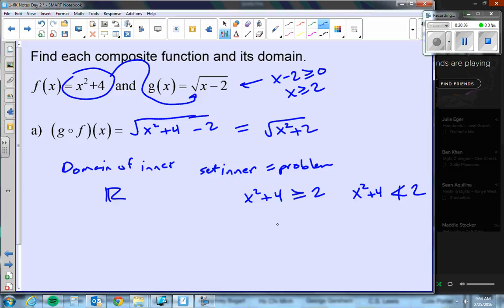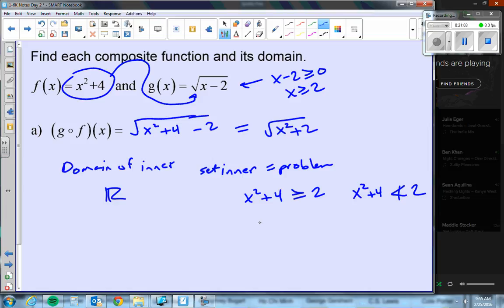Well, look. First of all, let me not do any algebra. Let's just talk about what has in there. What is the smallest value x squared can ever produce? 0, yes? If you plug in 0, you get 0. If you plug in -1, what do you get? 1. So -1 or 1 gives you 1, and 2 or -2 gives you 4.